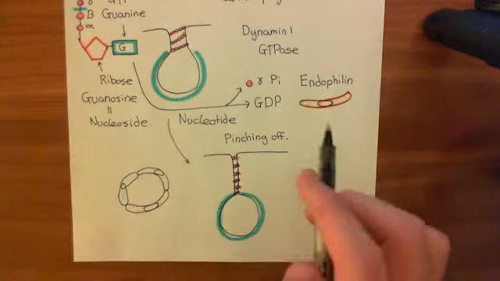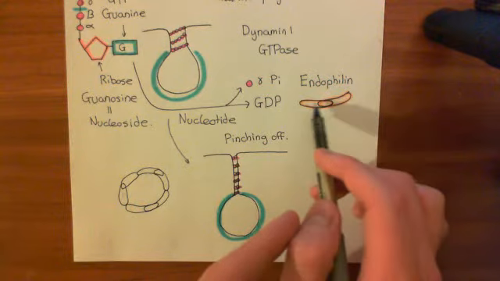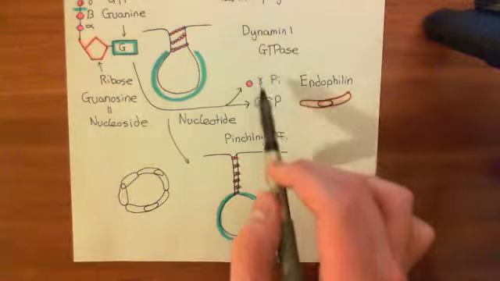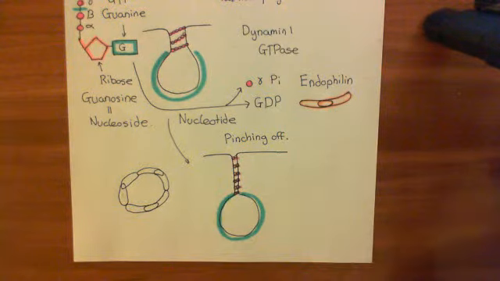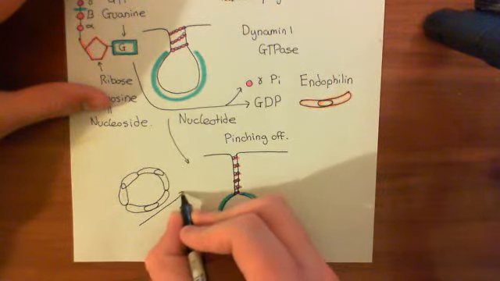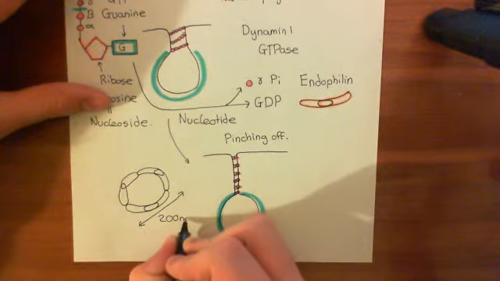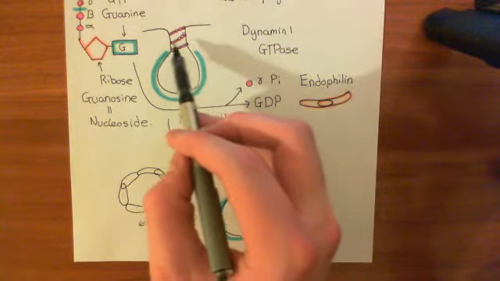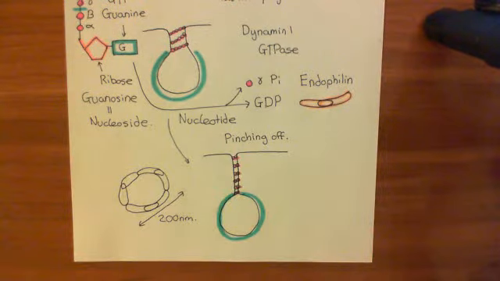I'll say this again: you look at the structure of these endophilin dimers, you look at how much they curve, and then you do a calculation to work out how big the ring that you could construct out of these dimers will be, i.e. how big the diameter is. Then you find that this will be around 200 nanometers, and this is exactly the right sort of diameter for the neck of this clathrin-coated vesicle.